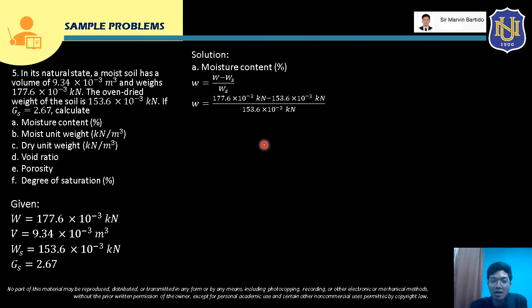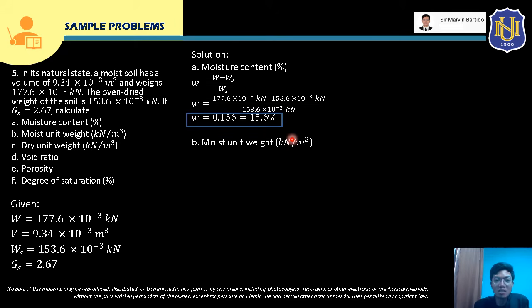Ito din yan. Okay, so solving this, class, the water content is 0.156. No? So, in the problem, class, percentage yung hinahanap. So, gawin nating percentage. So, the water content, class, is 15.6%. So, this is already the answer for letter A.